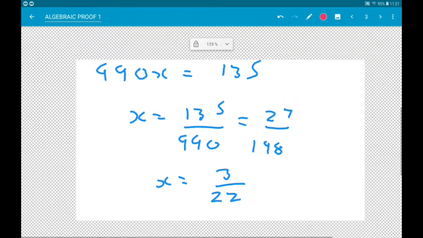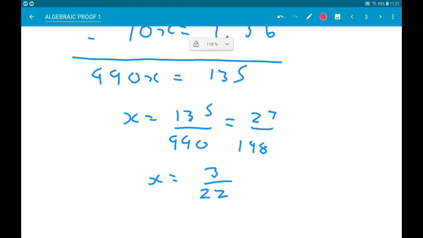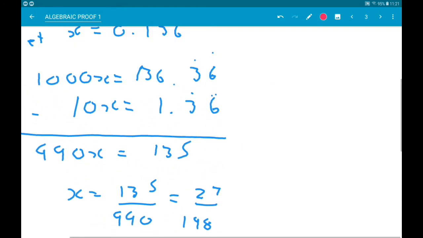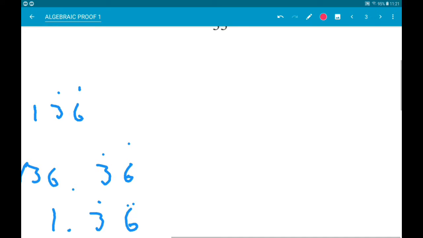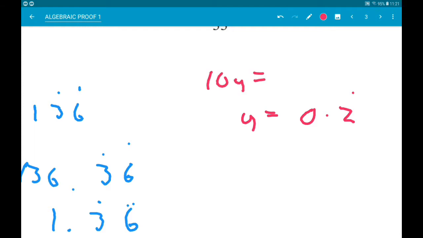There's good news, 0.2 recurring is a lot easier. So, for 0.2 recurring, we're going to let y be 0.2 recurring. Then 10y is 2.2 recurring.